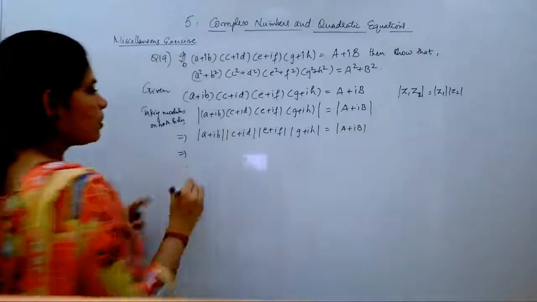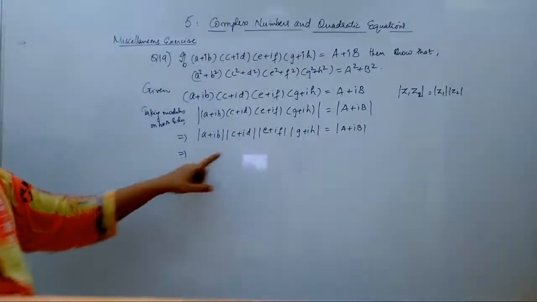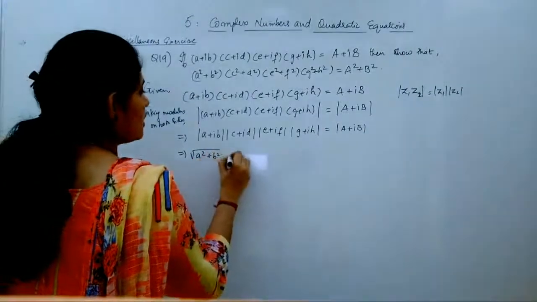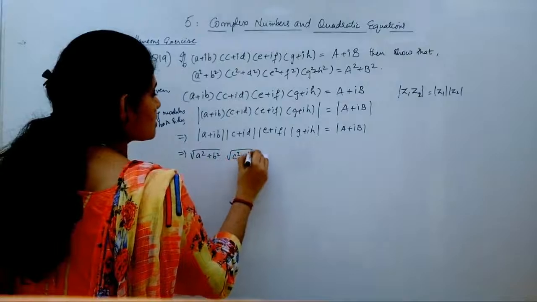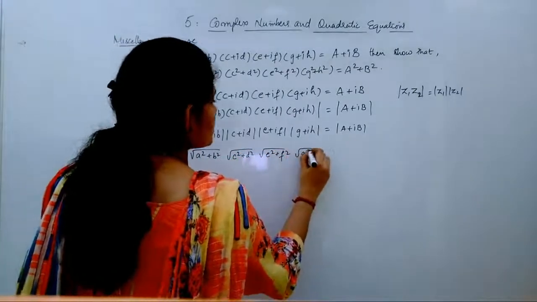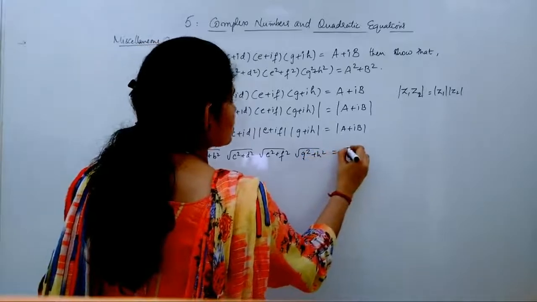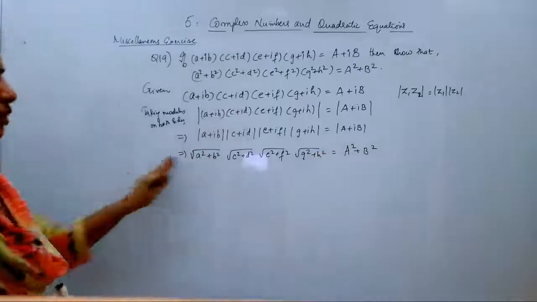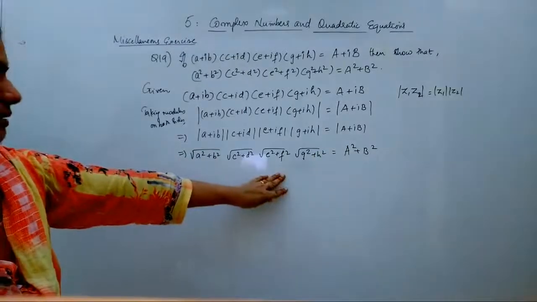Now what do you mean by mod of a + ib? It is root of a² + b². So root of a² + b² into root of c² + d² into root of e² + f² into root of g² + h² is equal to root of A² + B². So the modulus definition we have applied here.